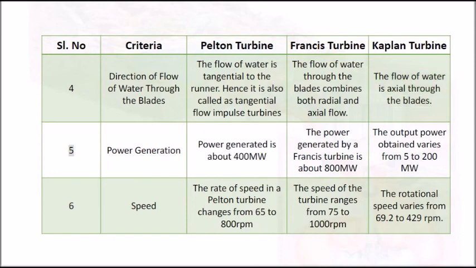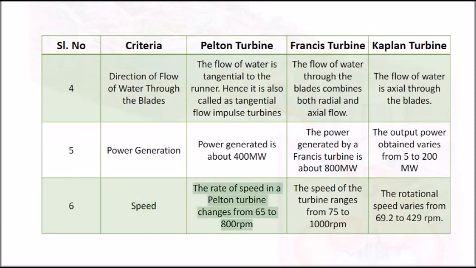5, Power generation. Power generated is about 400 MW. The power generated by a Francis turbine is about 800 MW. The output power obtained varies from 5 to 200 MW. 6, Speed.